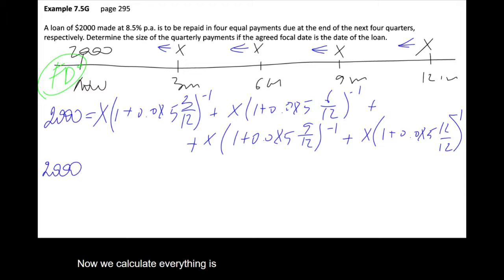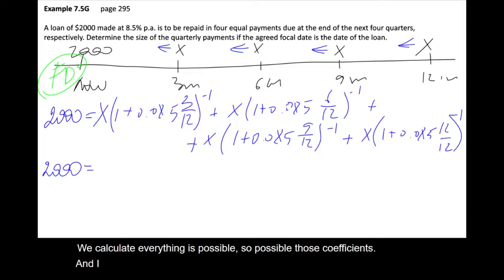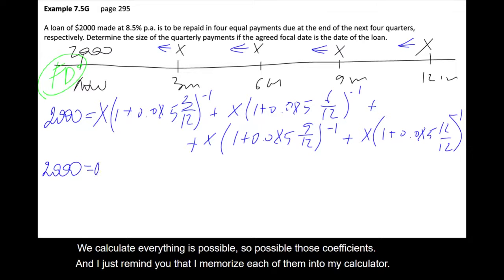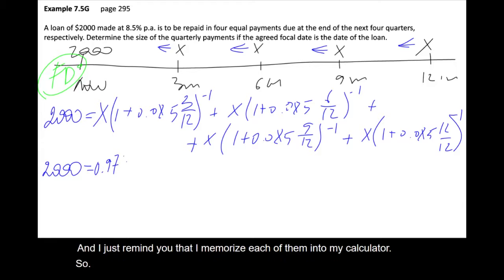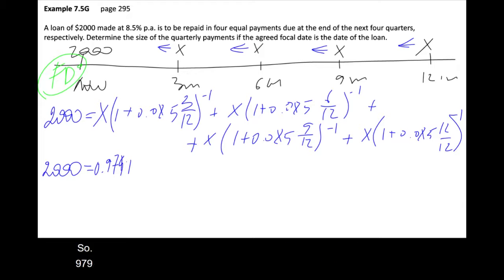So, possible those coefficients, and I just remind you that I memorize each of them in my calculator. So 0.9791. What do you mean by you memorize all of them in your calculator?